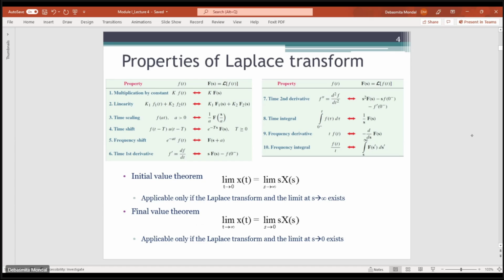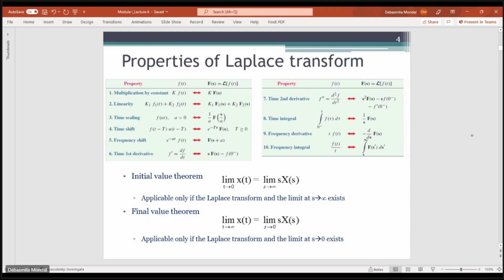Now another important thing is that there are certain properties of the Laplace transform which are very useful while doing analysis. The first important property is multiplication by a constant. If the time domain function given to you is f(t) and you multiply it with a constant k, then in the Laplace domain it will also be reflected as a multiplication by that constant factor.